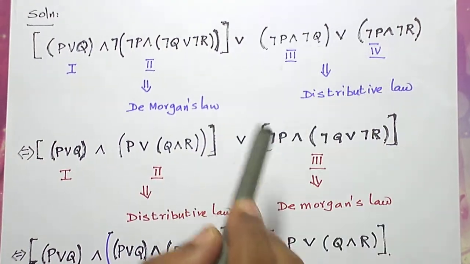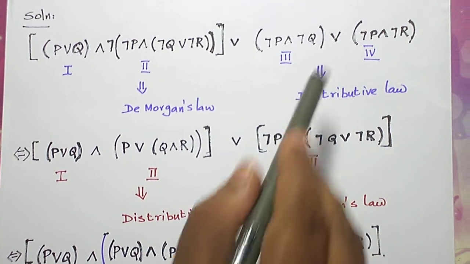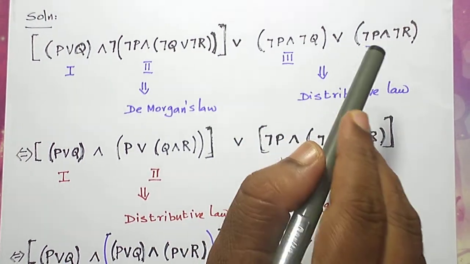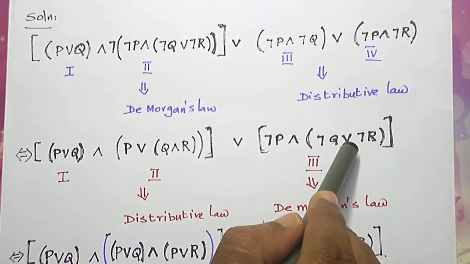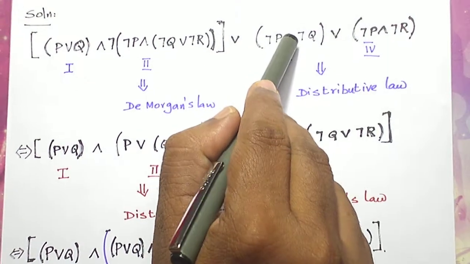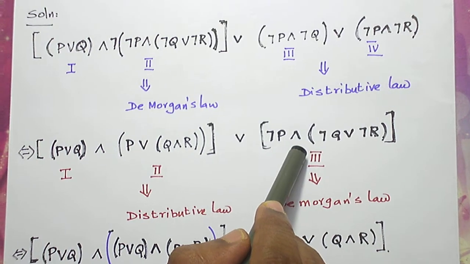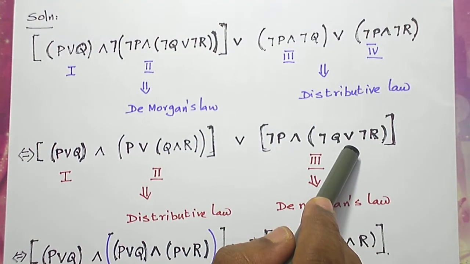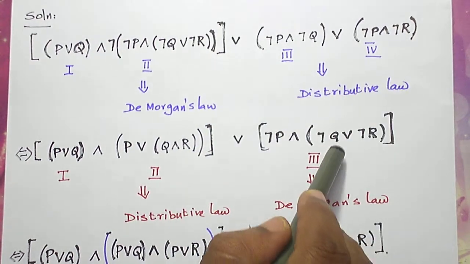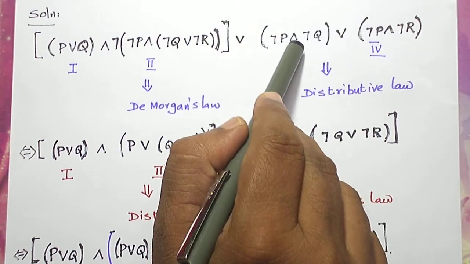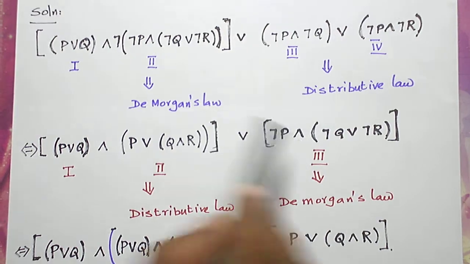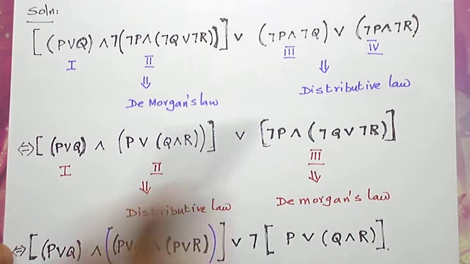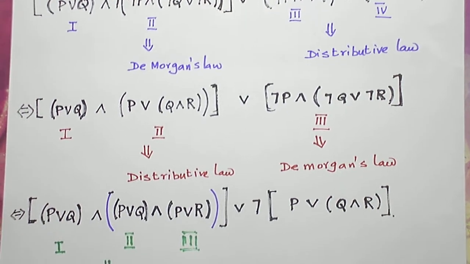So let me take negation P outside. When we take negation P outside, that outside connective will come inside and inside connective will come outside the bracket. So outside connective OR will come in between negation Q and negation R, and the AND connective, the inside connective, will come outside the bracket. This is how we are applying the distributive law.